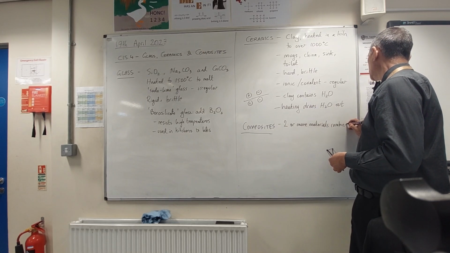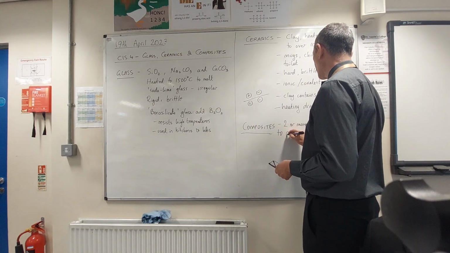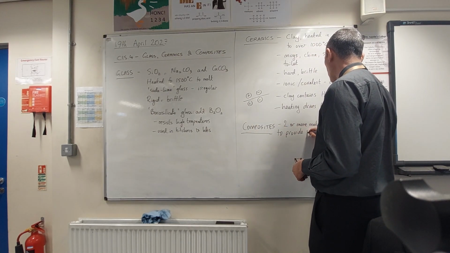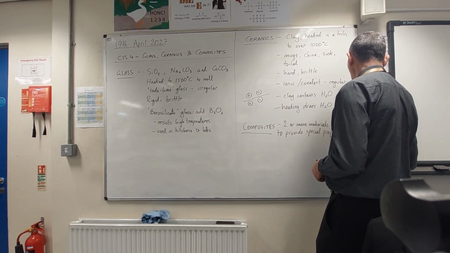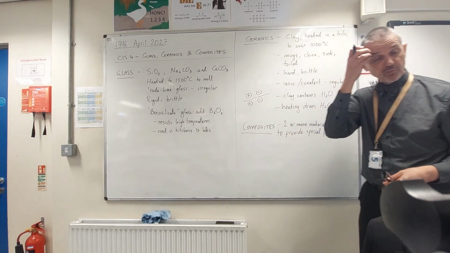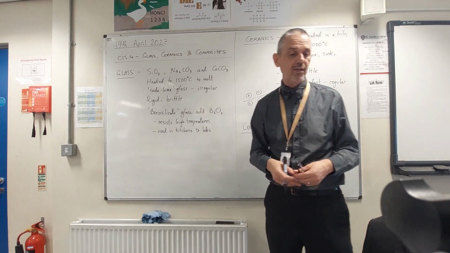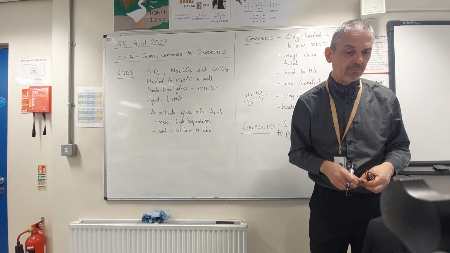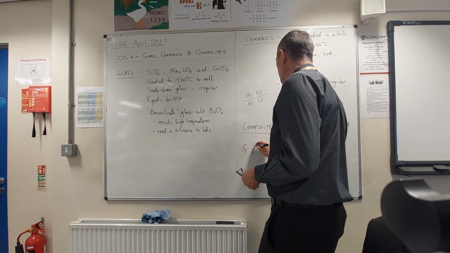So we have two or more materials that are combined to provide, well, some special properties is how I'll phrase it. Special properties depends on the material that we're looking at, right? So a good example of that would be fiberglass.